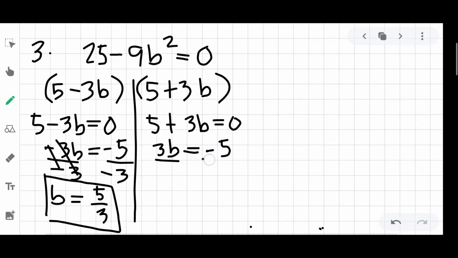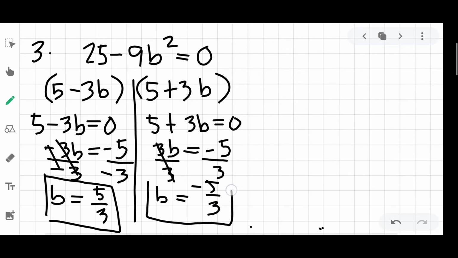Then divide both sides by 3. Cancel. Ang matitira na lang ay b. Negative 5 divide 3. The answer is negative 5 over 3. And this is our second solution.